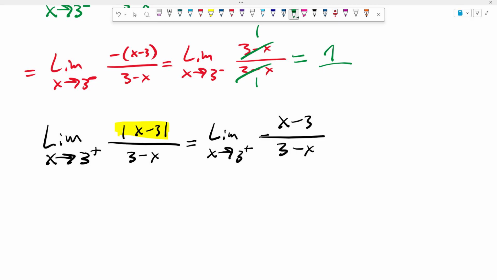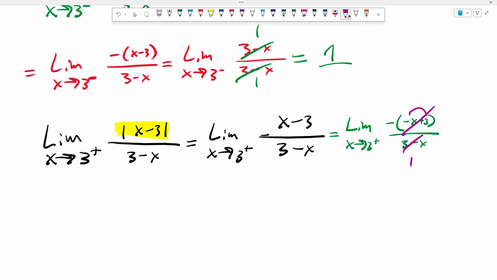Factor out the negative. You can factor out a negative either from the numerator or denominator. We get negative x plus 3, which if you switch around, they simplify to 1. And now we get negative 1.